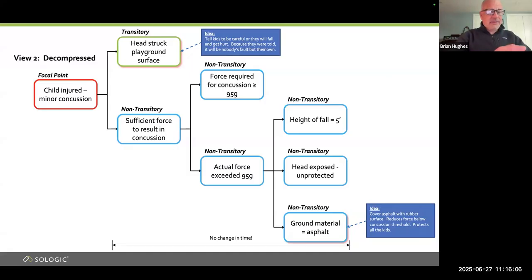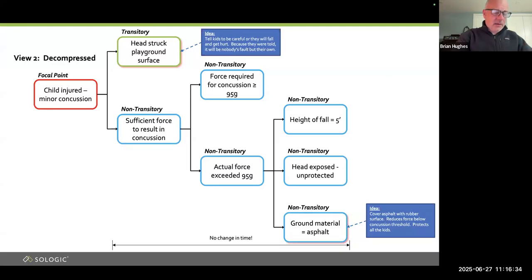Let me consult my handy dandy assistant, because I just don't like it. I feel like I might have missed a decimal point. How much force in G does it take to cause a concussion?